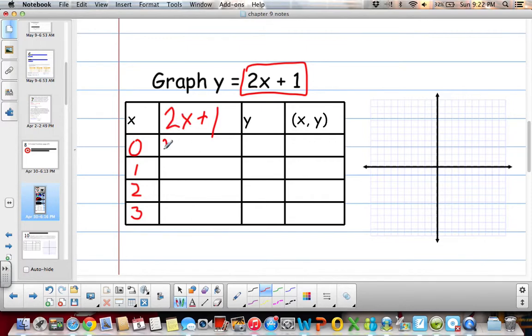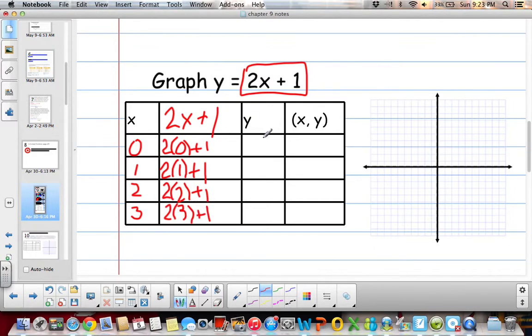So we would have 2 times 0 plus 1, 2 times 1 plus 1, 2 times 2 plus 1, and 2 times 3 plus 1.